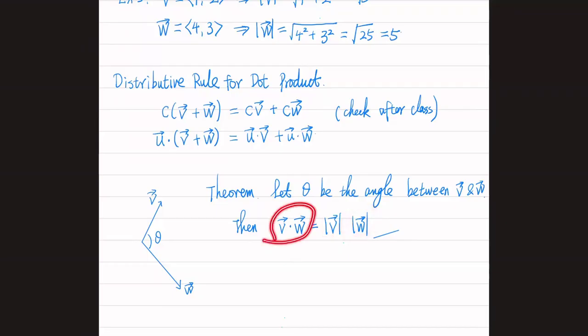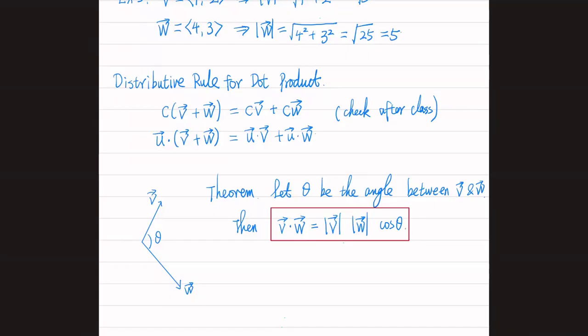So the dot product is a number. The difference between the dot product and the product of the norms is calculated by the angle. What would be the cosine of that angle?